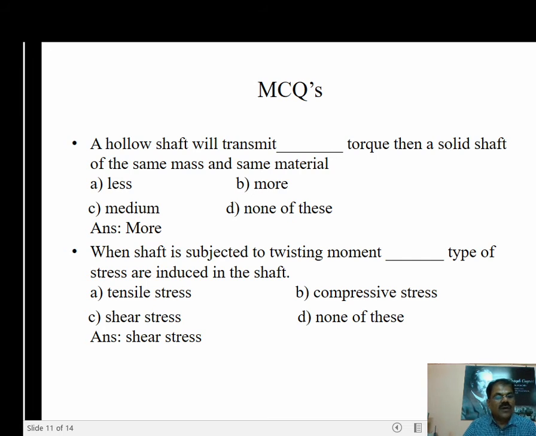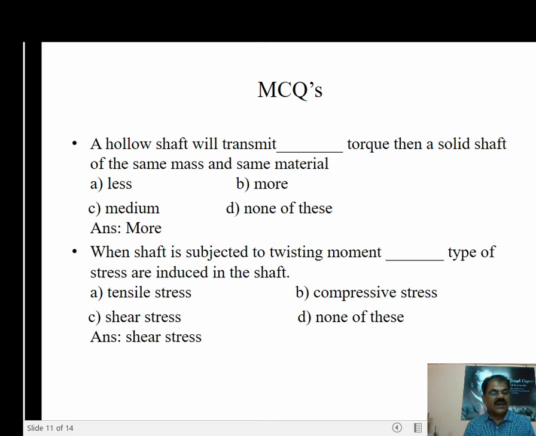Number one: a hollow shaft will transmit dash torque than a solid shaft of the same mass and same material. Options are A, less; B, more; C, medium; D, none of these.